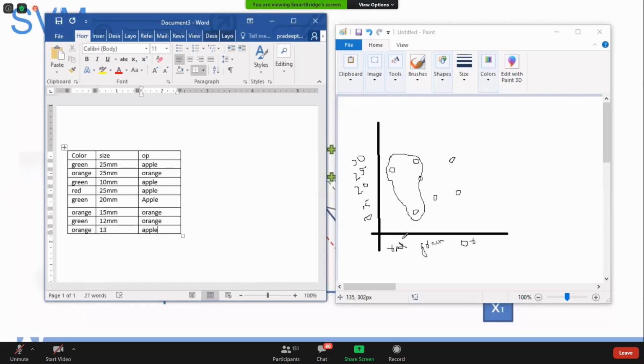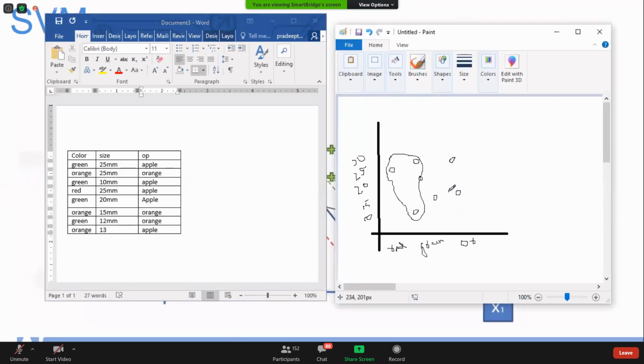Now here these two are considered as oranges.